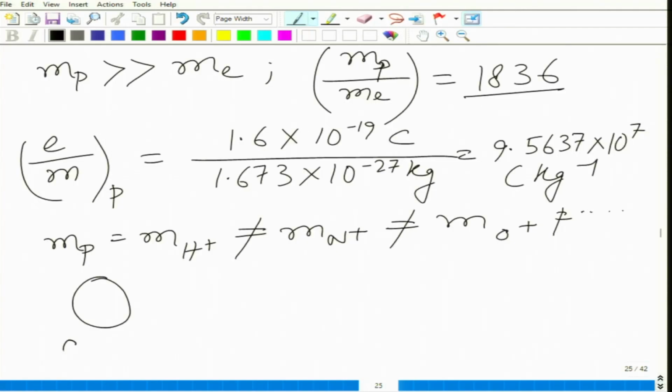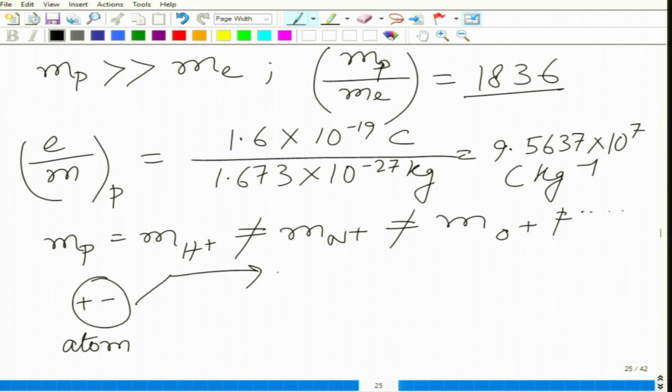What was Thomson's plum pudding model? Before that, what Dalton said in Dalton's atomic theory, that atom is a neutral, indivisible particle, which was the smallest particle of matter. But later on, when the electrons and protons were discovered, the structure of the atom had to be something like this. If this is one atom, it should have a positive part and a negative part.